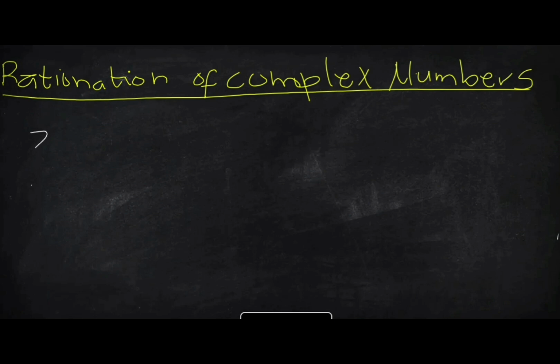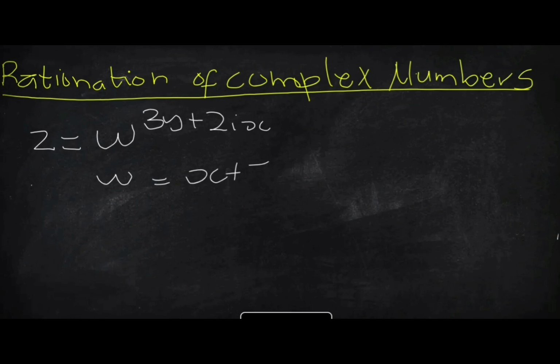Given that z equals w exponent 3y plus 2ix, where w is equal to x plus 5i, find the complex conjugate of this.